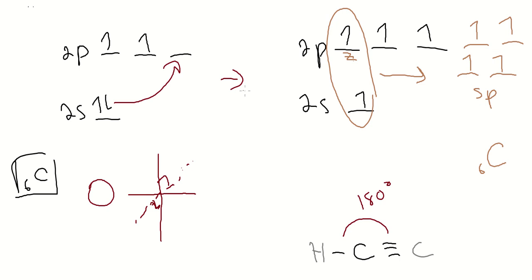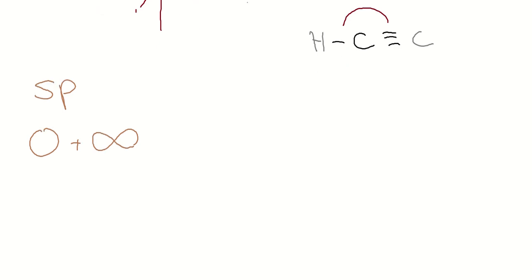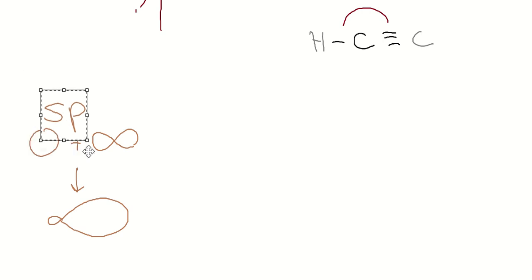So let me show you what that might look like. An s looks like the sphere I just drew above it, but an sp looks like one of the spheres as well as one of the, remember these are wave functions, so they're not discrete shapes, but you'll get something like that. There's your sp.